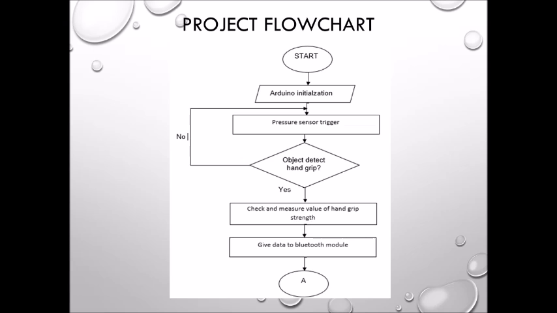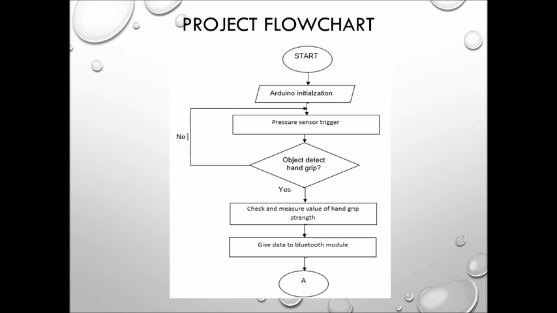When the Arduino receives the data, the Bluetooth will turn on and get ready, and the pressure will be displayed on the LCD. For the block diagram of the pressure and temperature sensor, it has input, processing and output.